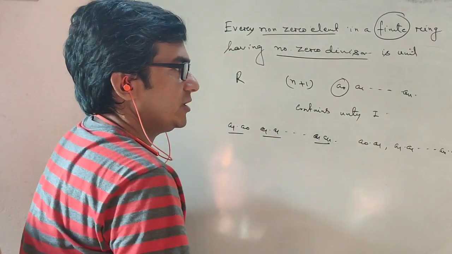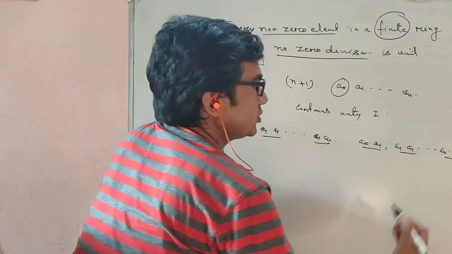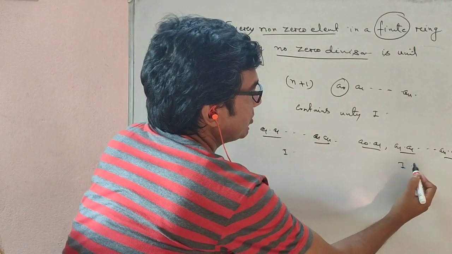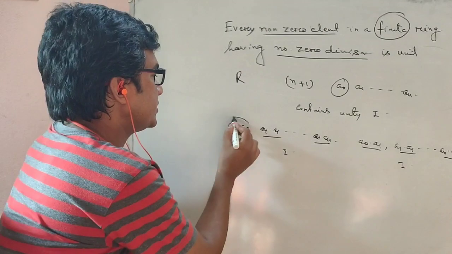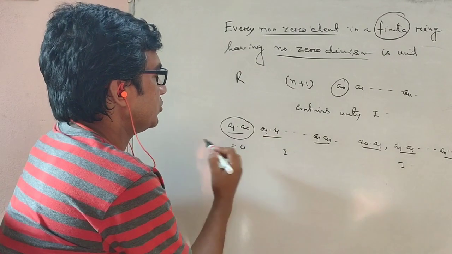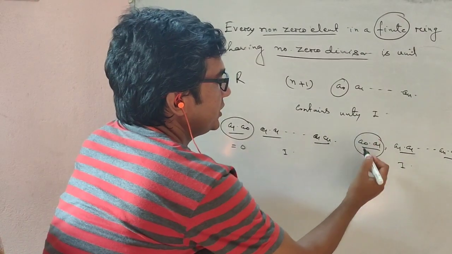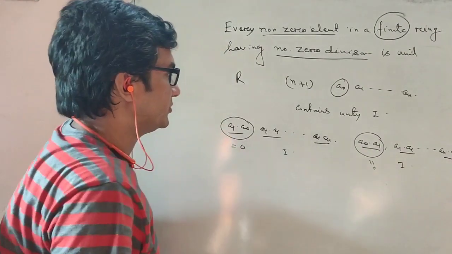These are n plus 1 elements, and among them one must be I, and here also one must be I. But this is not I because it is 0, since A0 is the zero element, and here also this is equal to 0.